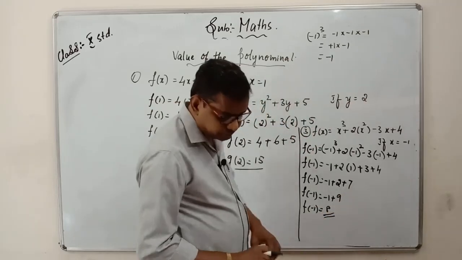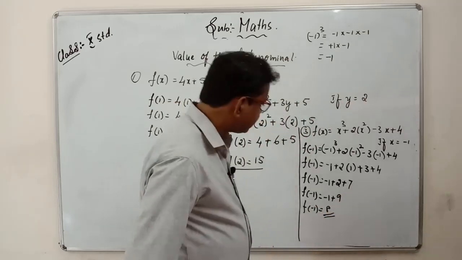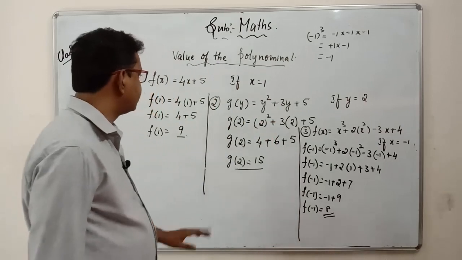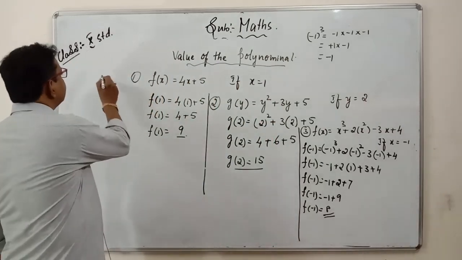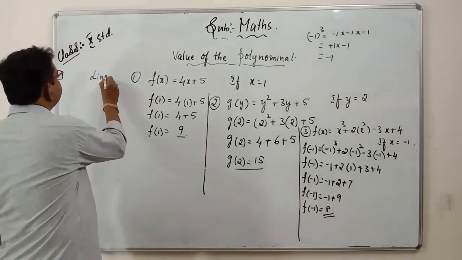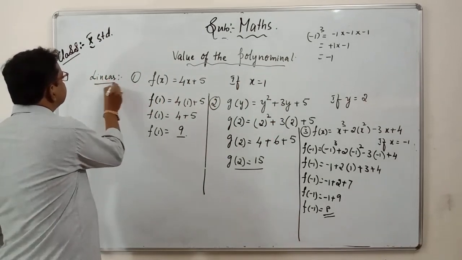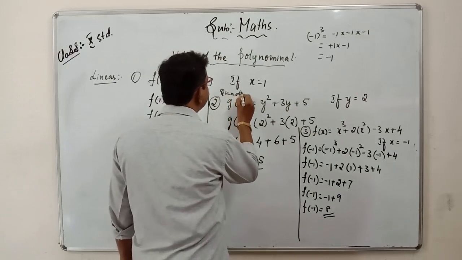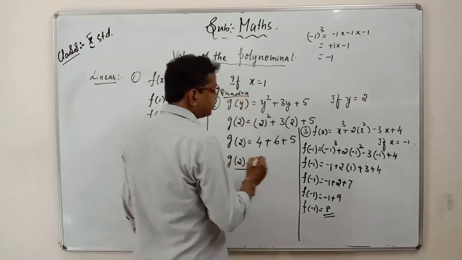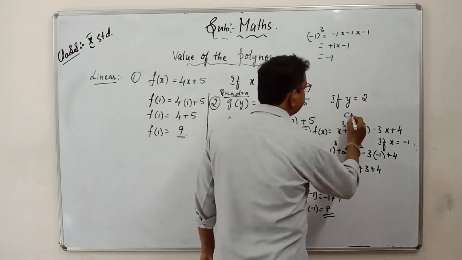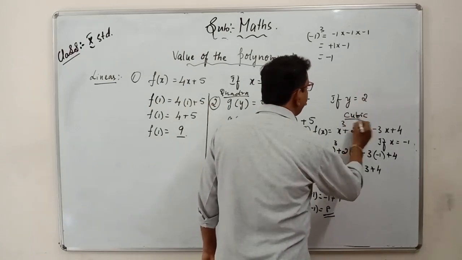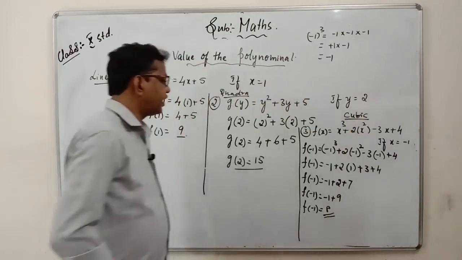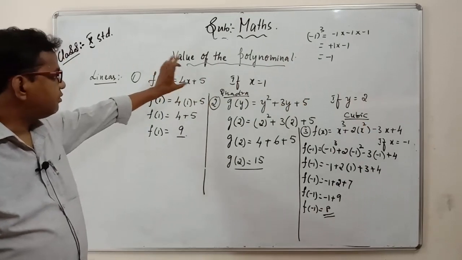Got it? So this is how to solve the problems here. First one, it is linear. Second one, it is quadratic. And third one, it is cubic. These are how to find the values of the polynomials.